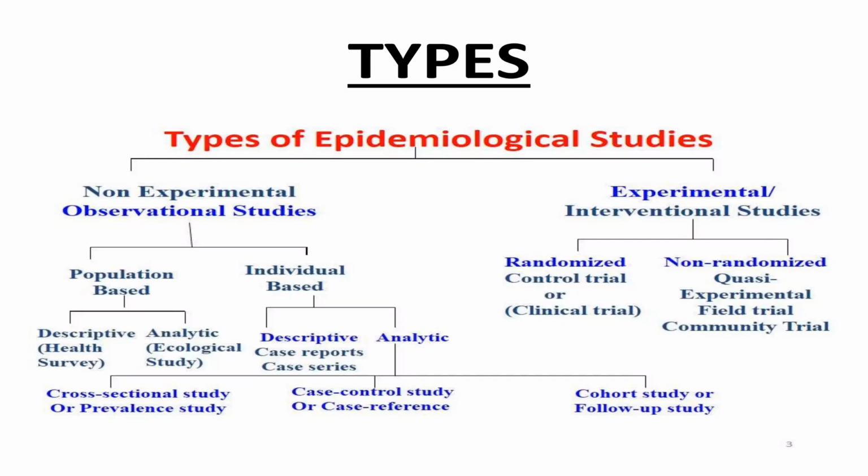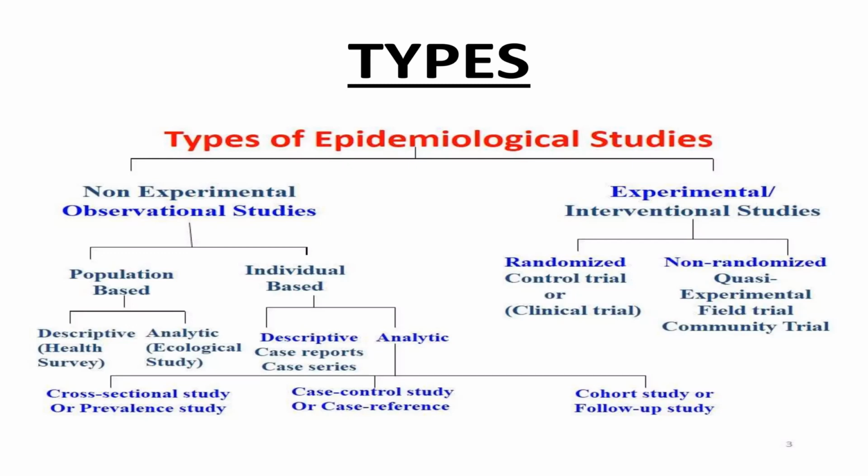The types of epidemiological study are of two types: non-experimental and experimental. Non-experimental studies are observational studies, and experimental studies are interventional studies. In an observational study, we may be doing population-based studies, taking a group of people, or we may take a particular individual, a single person. With population-based studies, you may do a descriptive survey and an analytic survey.